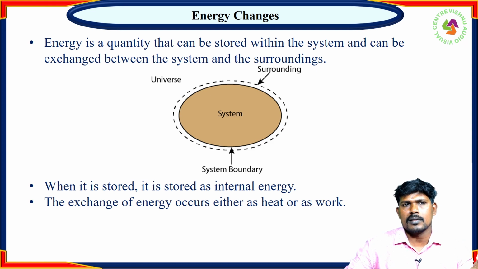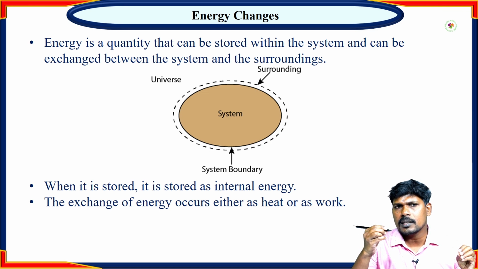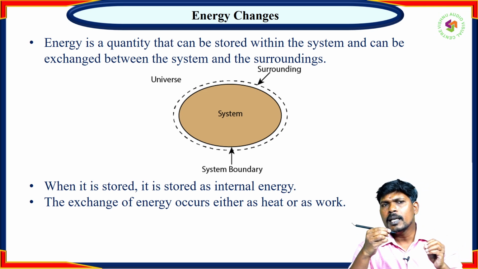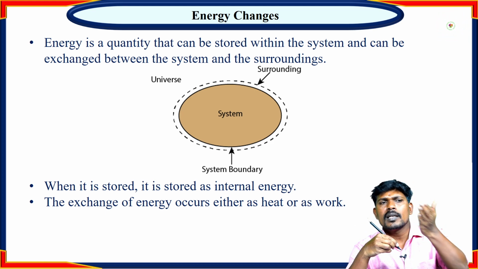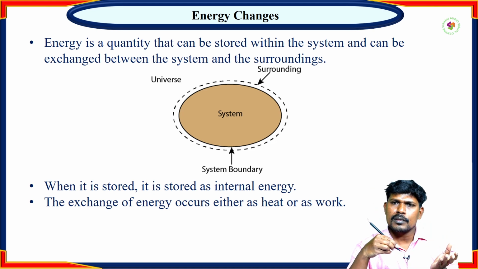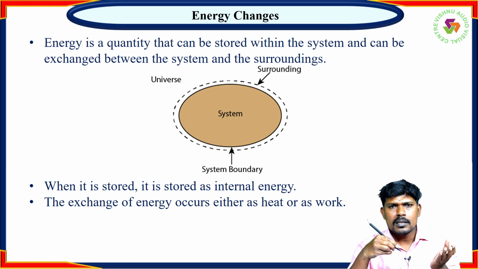That is called the system. Surroundings means the things which are adjacent to the system. For example, if we are considering this as a system, meaning we want to study the thermodynamic changes in this system, then the surroundings are whatever is around it; this universe can also be considered as a surrounding.